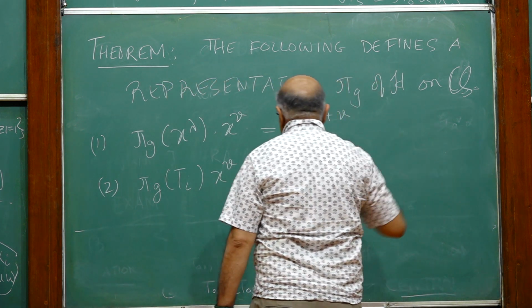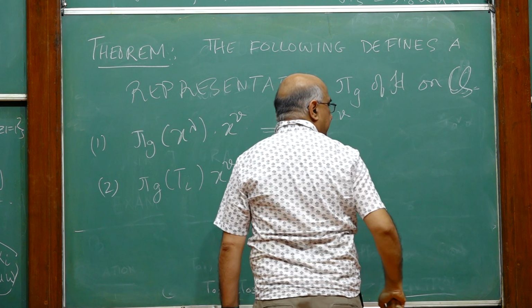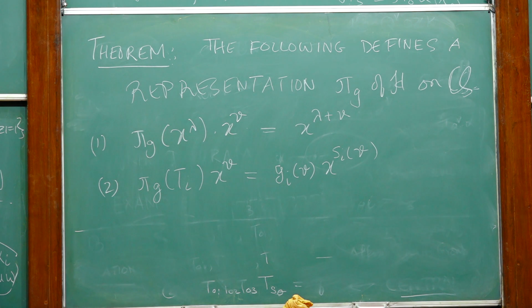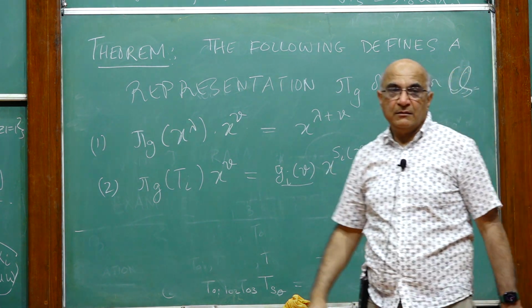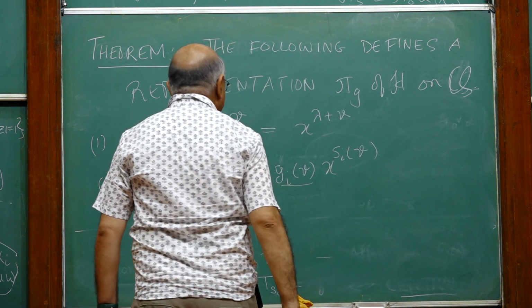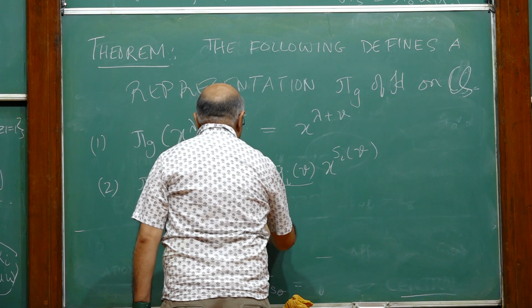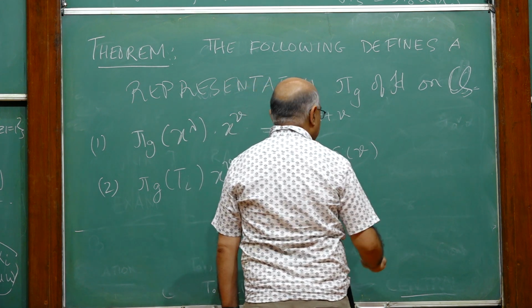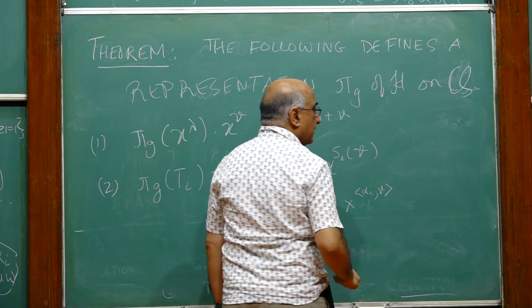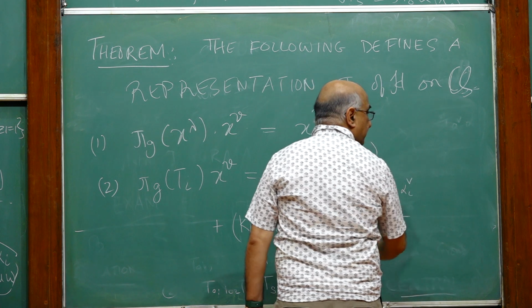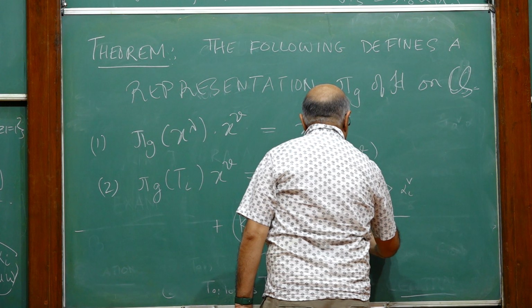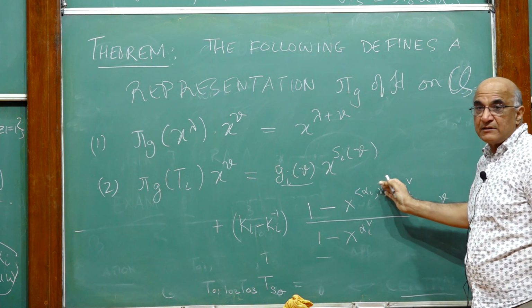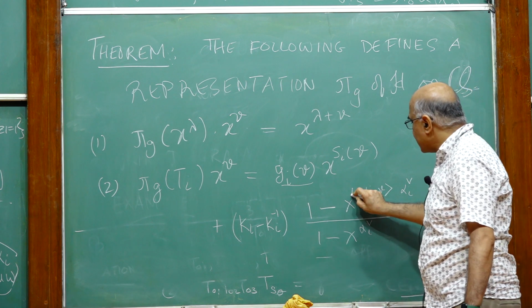There are two parts, and they both change a little bit. The first part becomes g i of v times x to the s i v, so this k i became a g i. And the second part is plus k i minus k i inverse, times 1 minus x to the alpha i v times alpha i check, over 1 minus x to the alpha i check, times x to the v. Now this doesn't make sense anymore because the exponent is not an integer, so you just put the floor function in there.